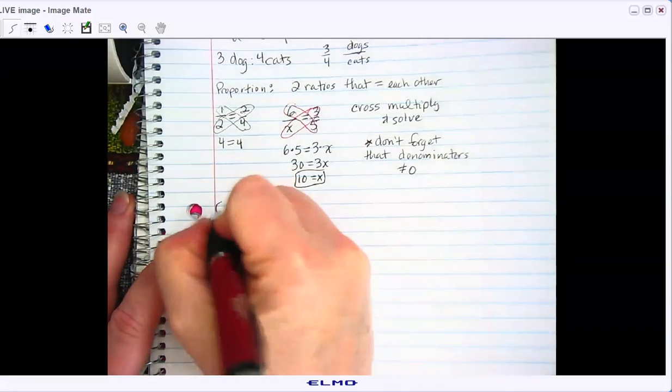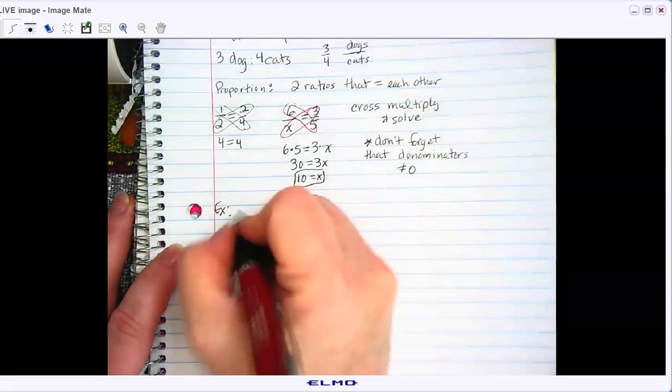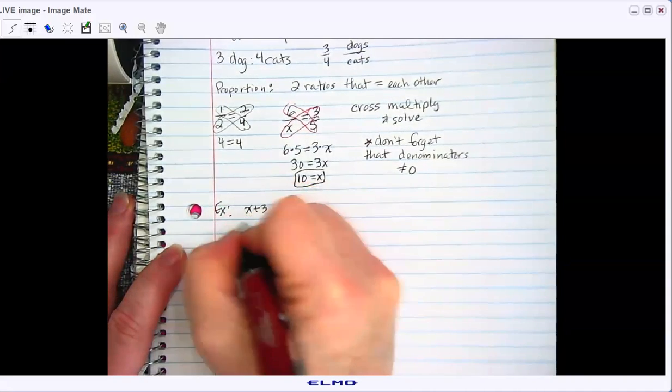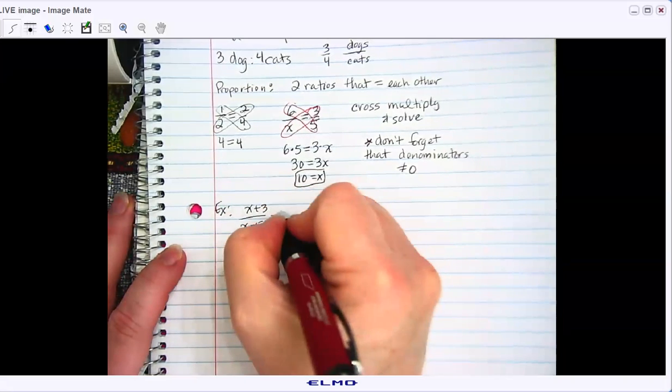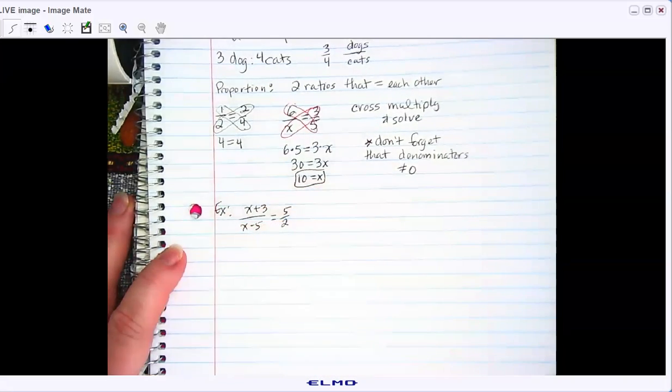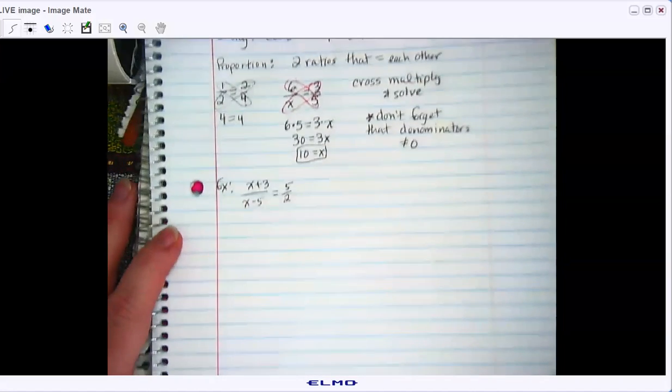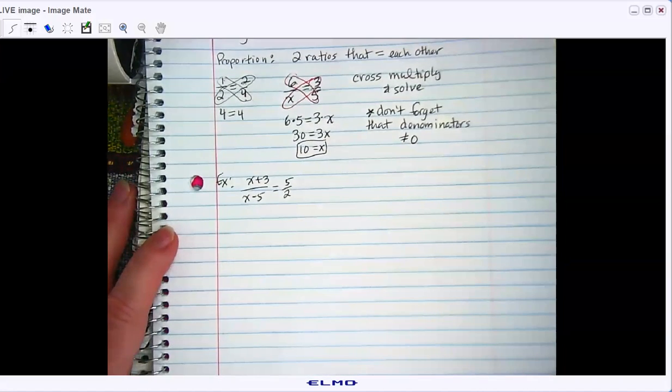Okay, so here's an example. We'll just jump right in. Over x minus 5 is equal to 5 over 2. So here's one of the important parts about this problem.